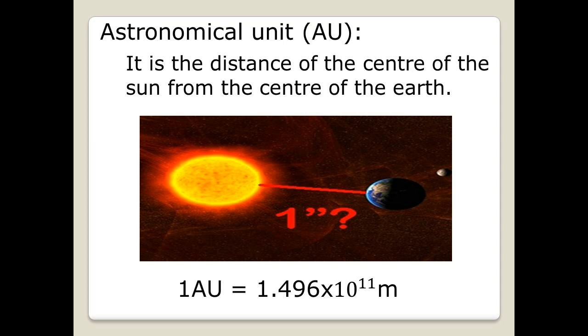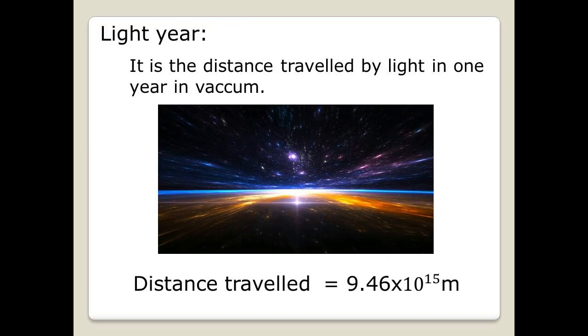It is the distance from the center of the sun to the center of the earth. One astronomical unit is equal to 1.496 into 10 to the power 11 meter. Now light year. It is the distance traveled by light in 1 year in vacuum, which is equal to 9.46 into 10 to the power 15 meter.